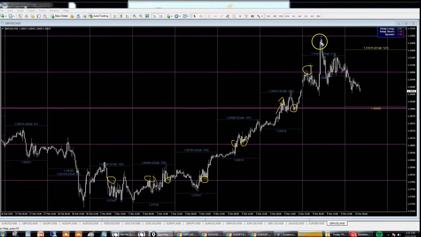Yesterday's price action saw the pound skyrocketing to what level? You guessed it, 1.32 to the pip, and after rebounding, after pulling back, it then found 1.31 as that horizontal level of support.